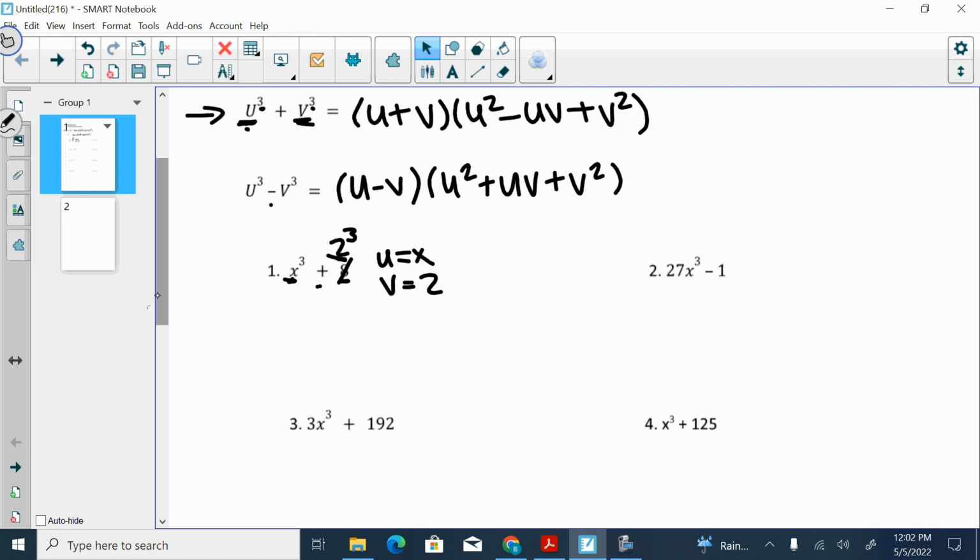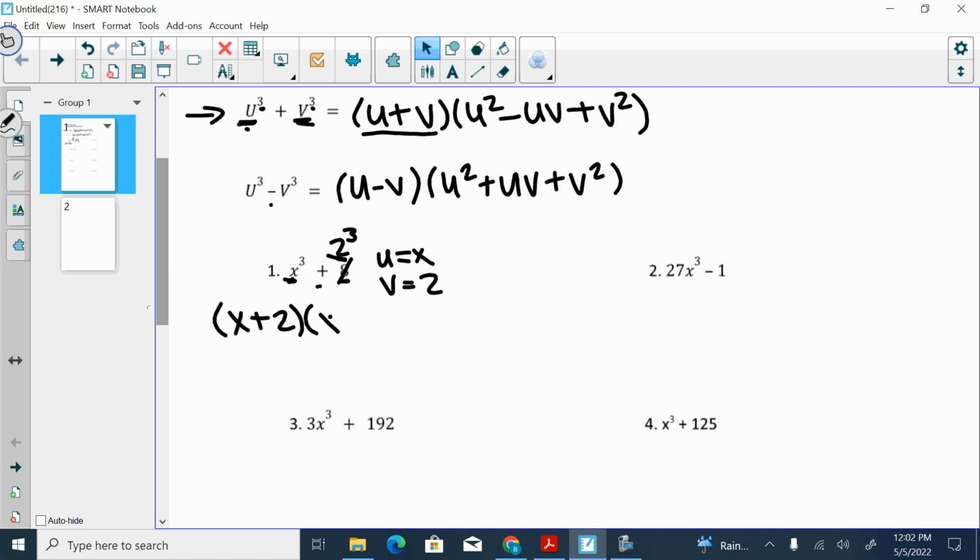Using this formula, we're supposed to first put u plus v. What was our u? x. Plus, what was our v? 2. Very good. Then we have another parenthesis where we're going to put u squared. Again, what was our u? x.